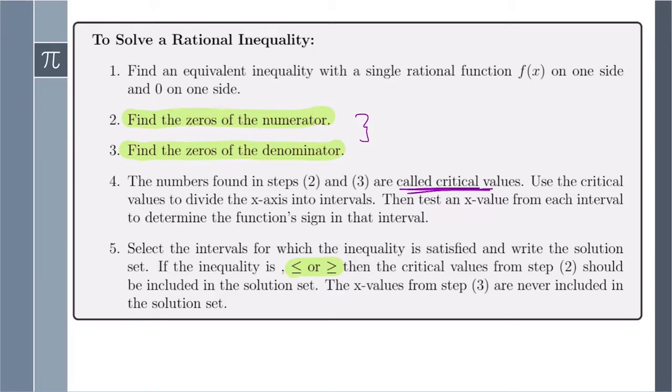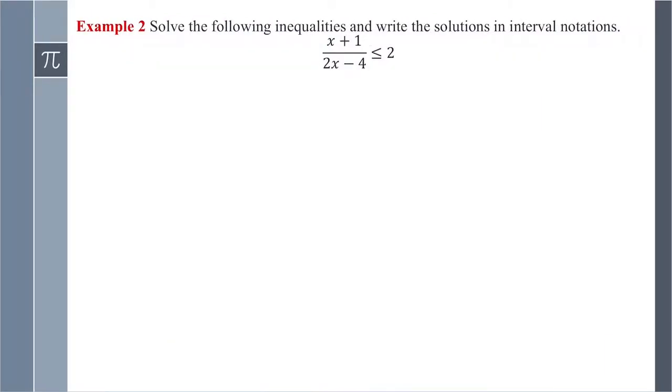But the critical number from the denominator, we can never include it, because no matter whether we have a strict inequality or we have this inequality with the equal sign, we cannot include that, because if we include the critical number from the denominator, it will make the fraction something over 0. So that's why we cannot include the critical number from the denominator in our solution, no matter what type of inequality we have. So let's look at an example here.